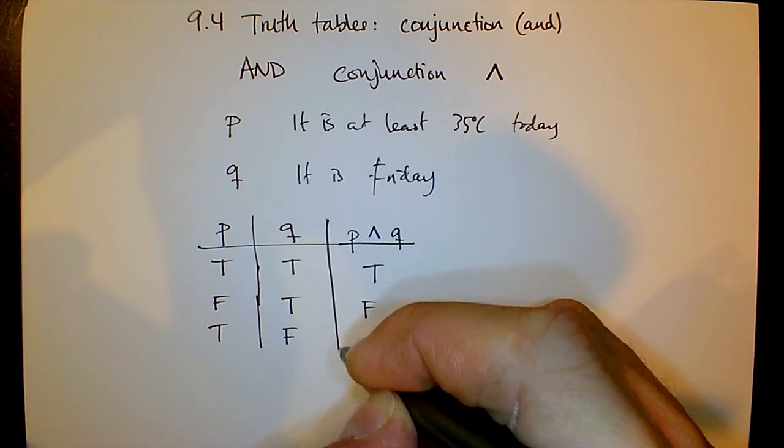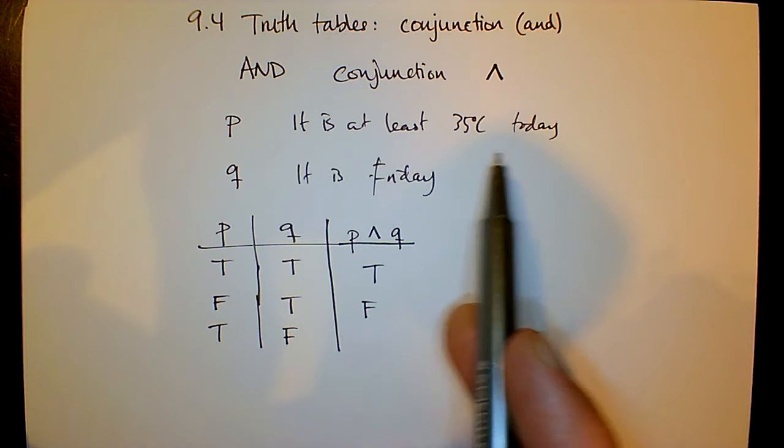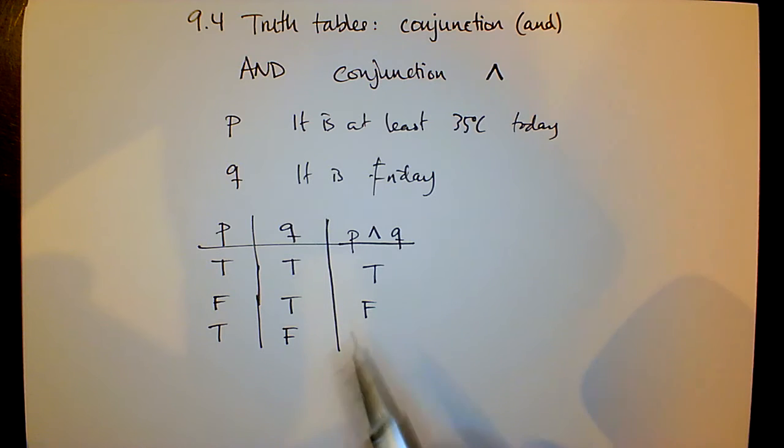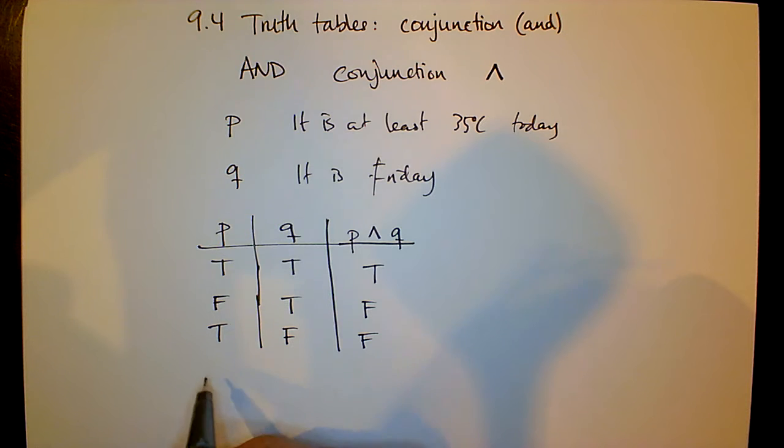Well, is then the conjunction true? So let's see. If it is at least 35 degrees Celsius today, yes, that's true, but it is not Friday. So then this conjunction can't be true either, so it must be false.